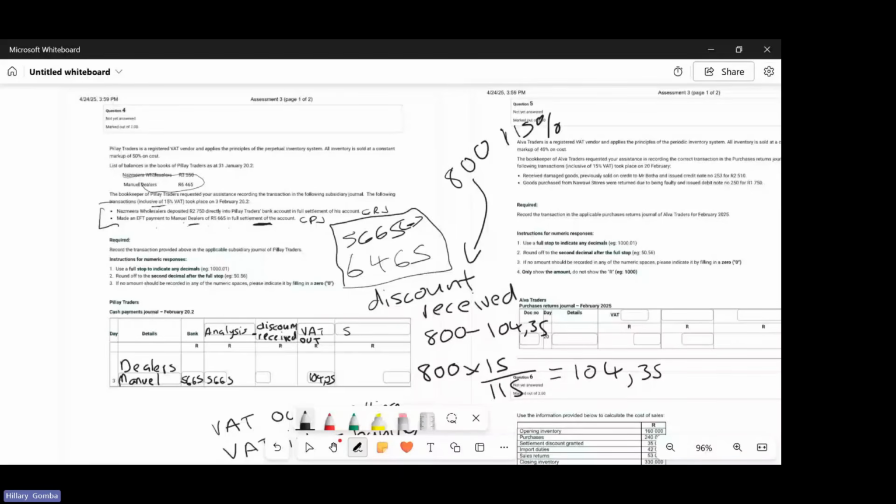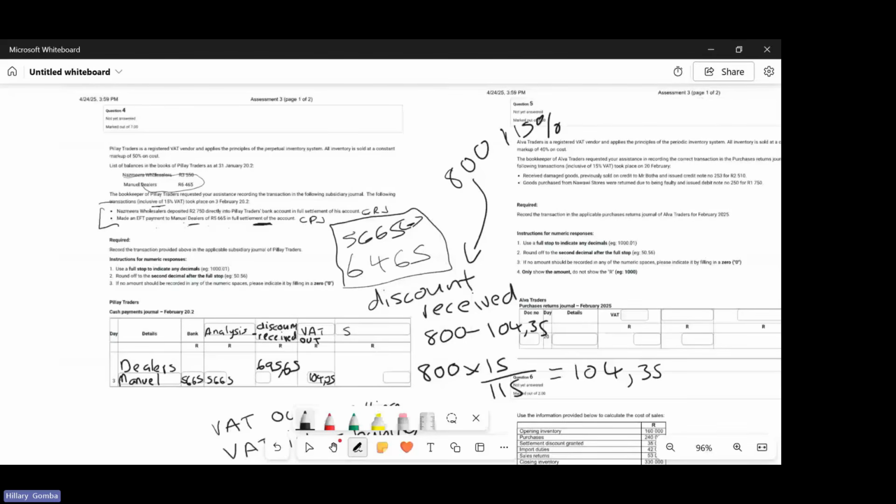The reason is that when it comes to us receiving a discount, it changes everything from a normal transaction, whereby if we sell a product or buy a product on credit, it's VAT input that is being affected. So we record it on the purchases and also account for it in the trade payables account.